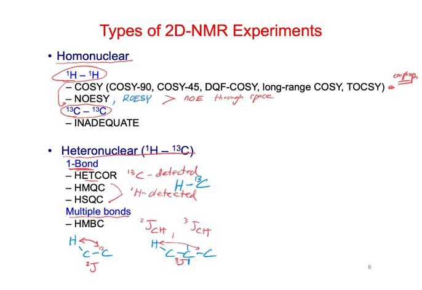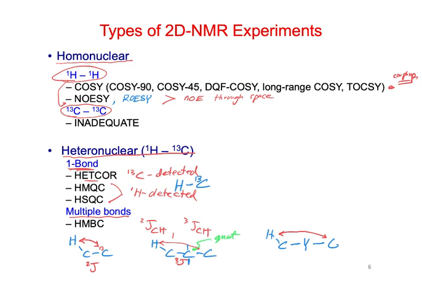But if this one here is quaternary, or if we have a situation where we have a carbon here and then some heteroatom, carbon or oxygen or nitrogen or something, we can see coupling past that heteroatom.